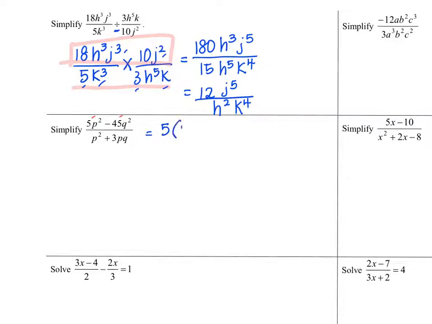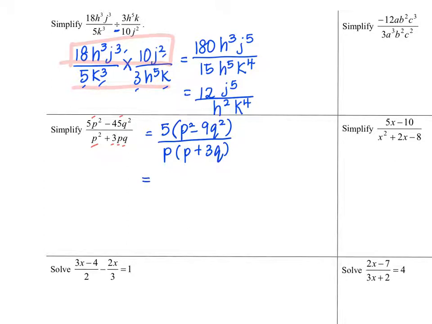So now I keep it as 5 bracket p squared minus 45 divided by 9q squared over p squared plus 3pq. Is there any common factor? Yes, there's a common factor p. So that will be p bracket p plus 3q.